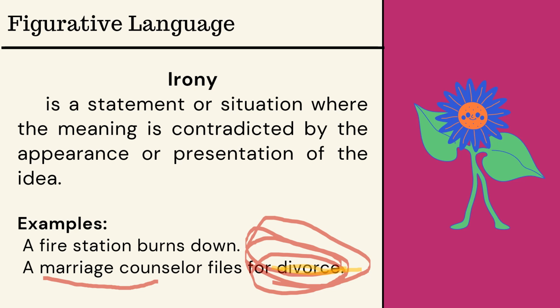Yet you are not going to fix yourself or your own marriage rather and file a divorce. Okay, get my point? Irony, okay? A statement is contradicted by the idea's appearance or the presentation of the idea in the statement itself. A fire station burns down, or water vendor dies of thirst.